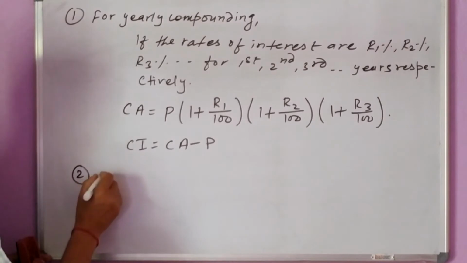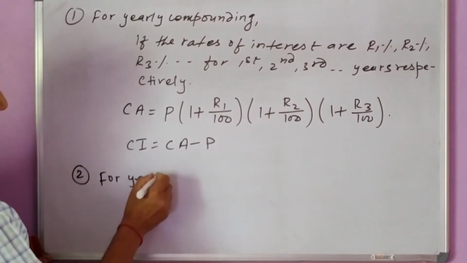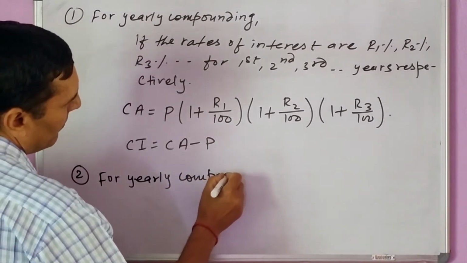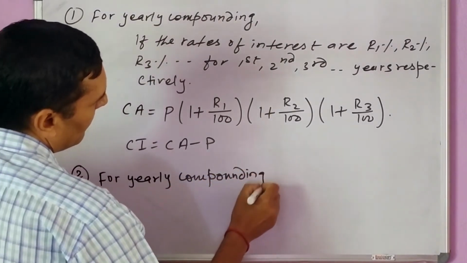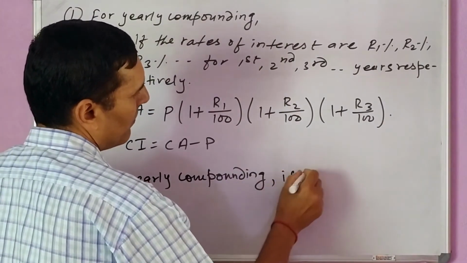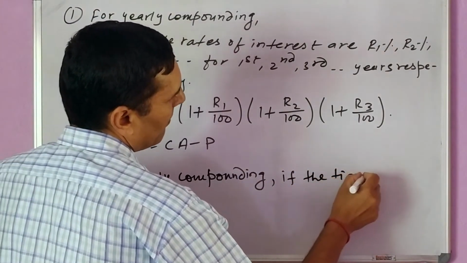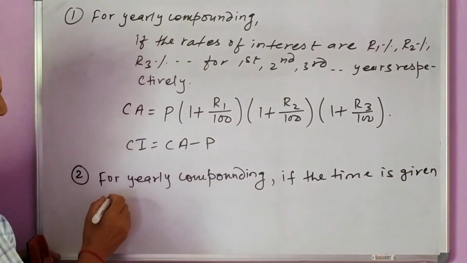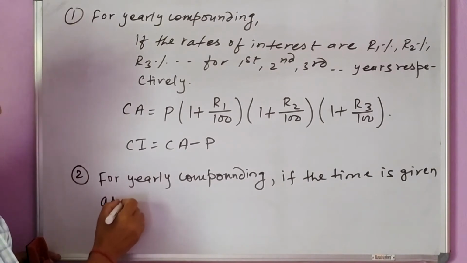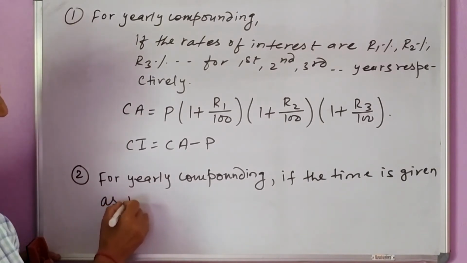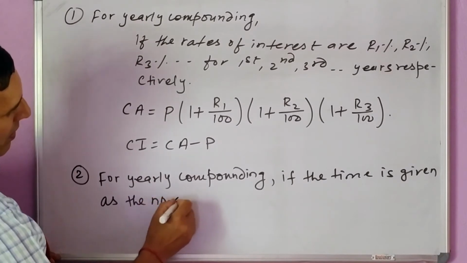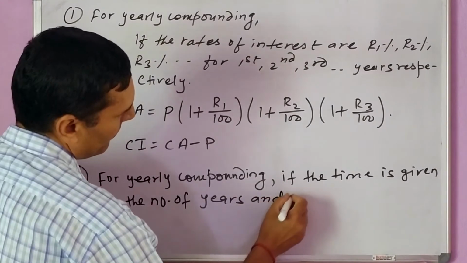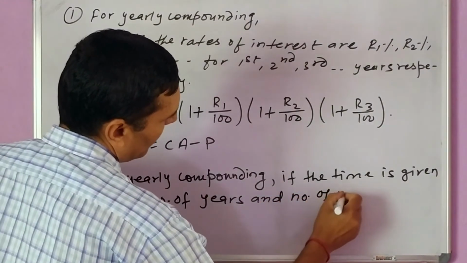So for yearly compounding, if the time is given as the number of years and number of months.